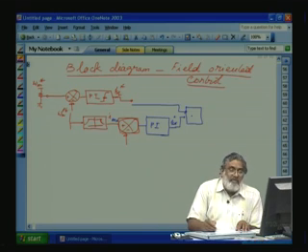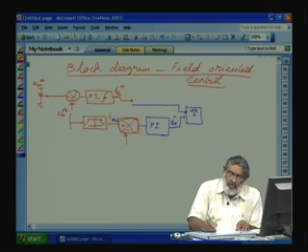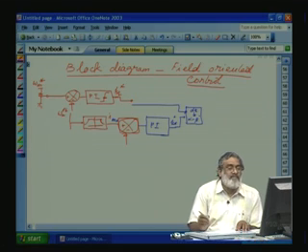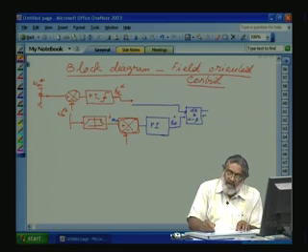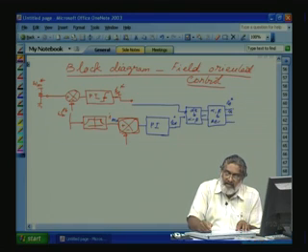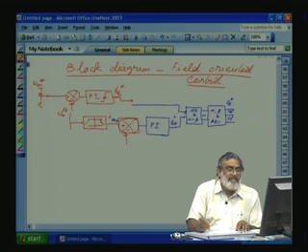So now we can do the inverse transformation, that is dq to alpha beta, and again alpha beta to ABC. So we will get the required IA reference, IB reference, IC reference.